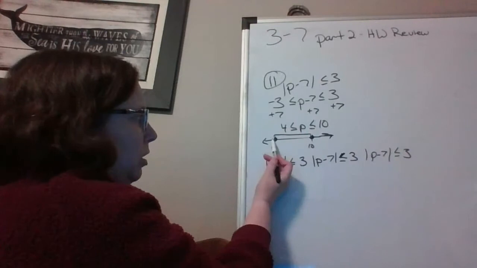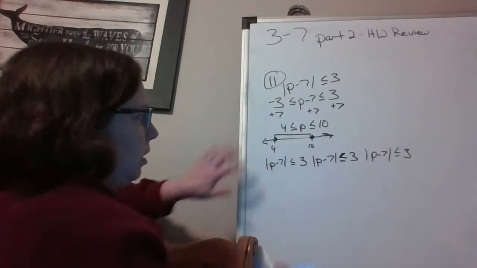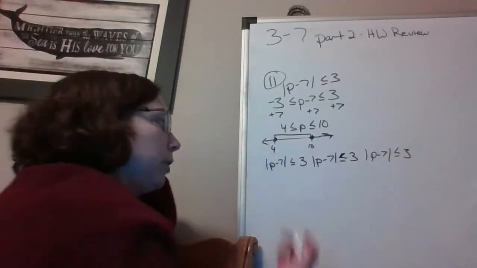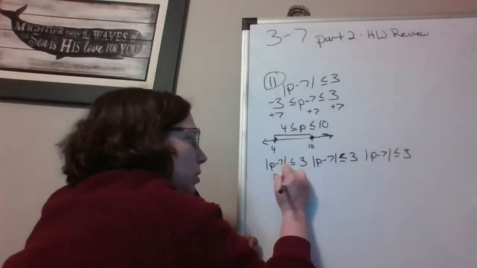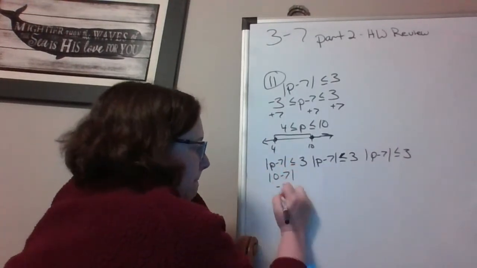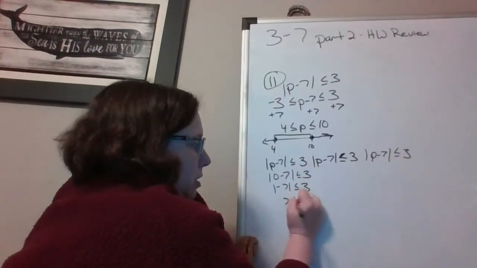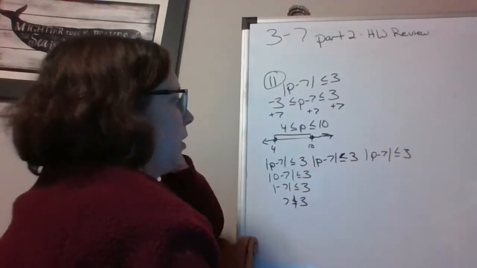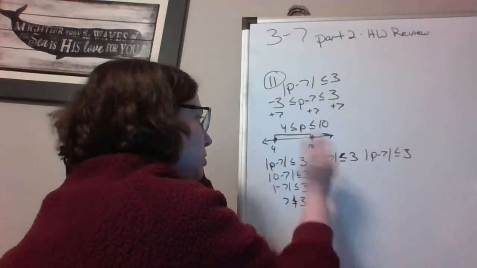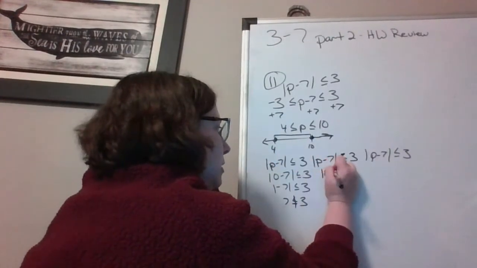So for the one that is not going to be true to the left of 4, we could use 0. Seven is not less than 3. For something in between, let's use 8.